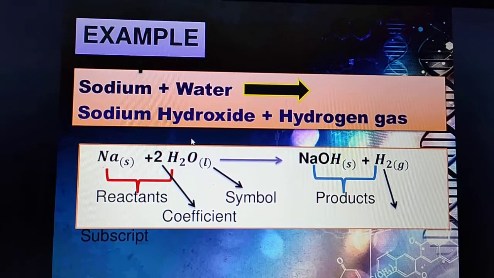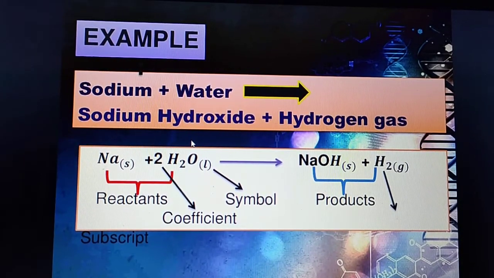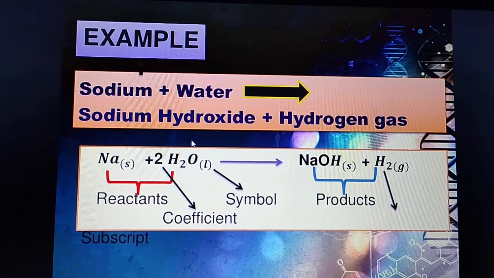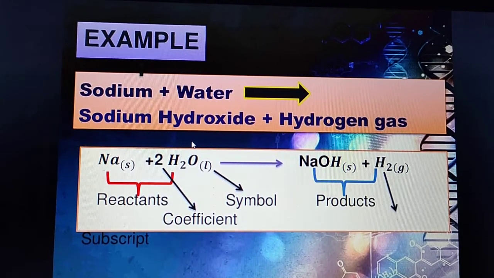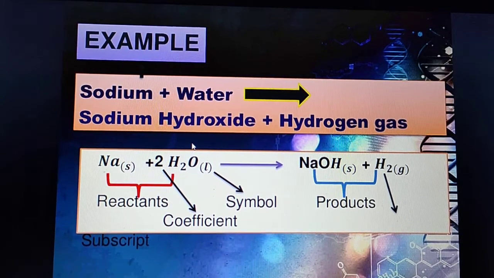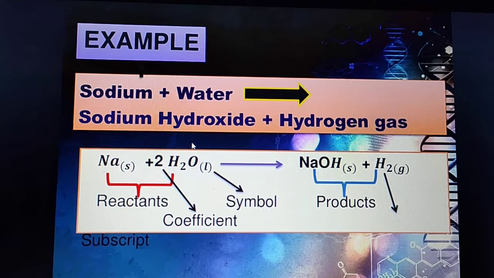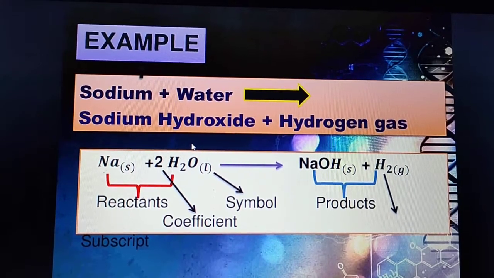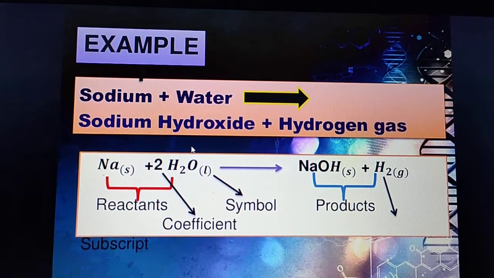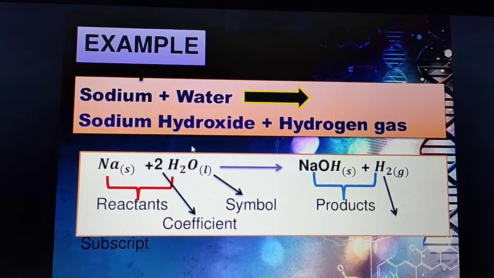Now you have to write down the formulas or symbols of the reactants on the left hand side with a plus sign between them. I have written sodium plus water, which are present in the chemical reaction. Now write the formulas or symbols of the products formed on the right hand side with a plus sign between them, as you can see on the screen.